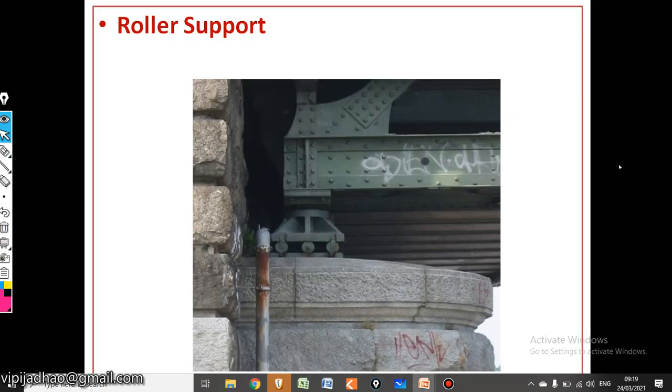Then we have the roller type of support. You can see here one of the roller type of supports, and it is generally provided in case of bridges.